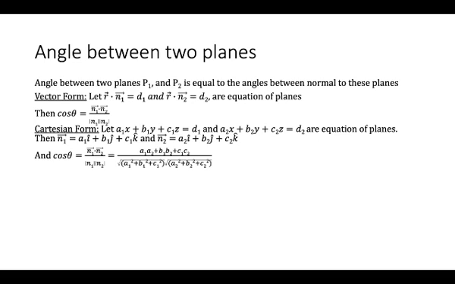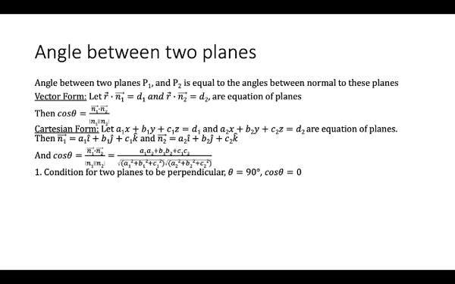So cos theta equal to vector n1 dot n2 upon magnitude of vector n1 magnitude of vector n2, and this equal to a1a2 plus b1b2 plus c1c2 upon root a1 square plus b1 square plus c1 square into root a2 square plus b2 square plus c2 square.